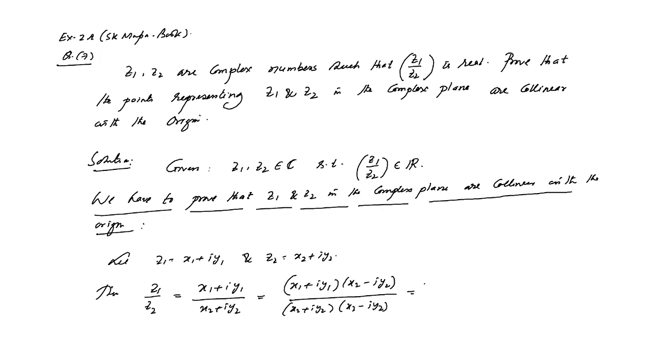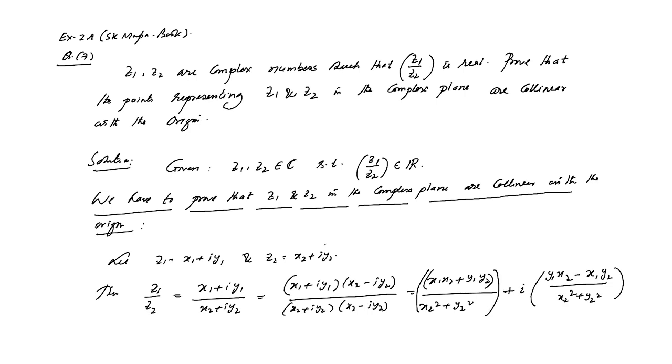So you will get (x1 x2 plus y1 y2) by (x2 square plus y2 square) plus i (y1 x2 minus x1 y2) by (x2 square plus y2 square).